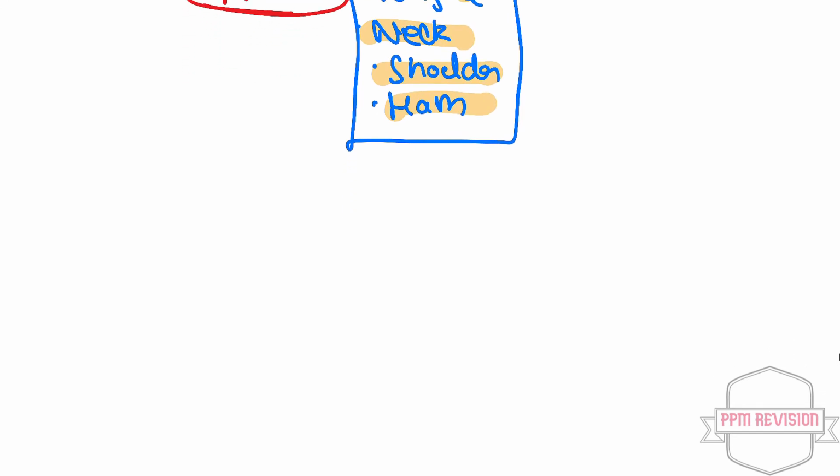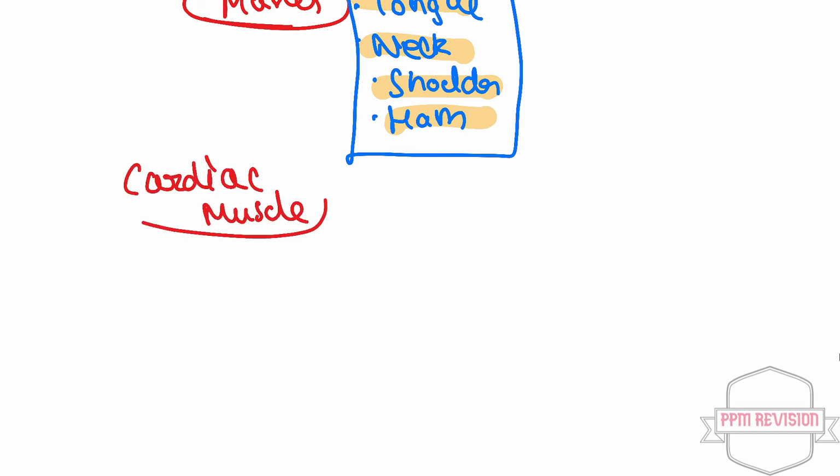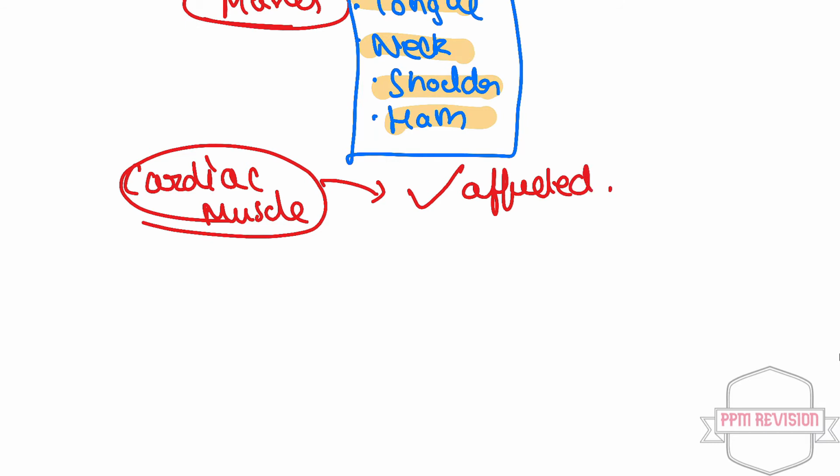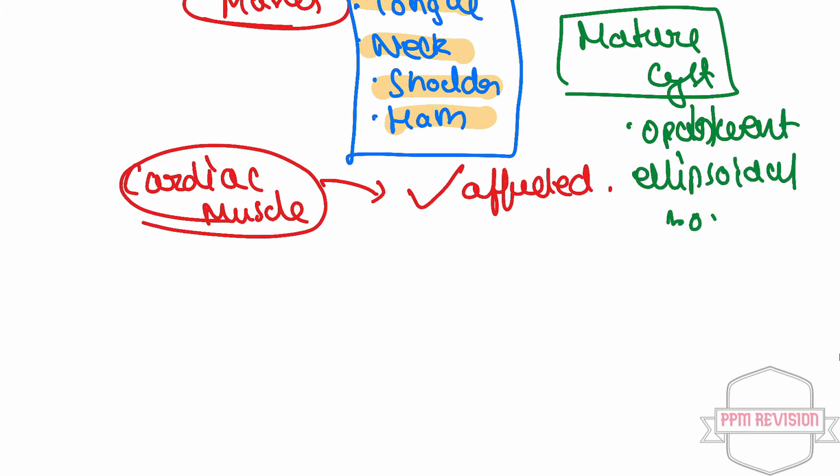And looking at the cardiac muscle, surprisingly the cardiac muscle is affected. And a mature cyst, looking at the shape, what is seen is that it is opalescent and has an ellipsoidal body.